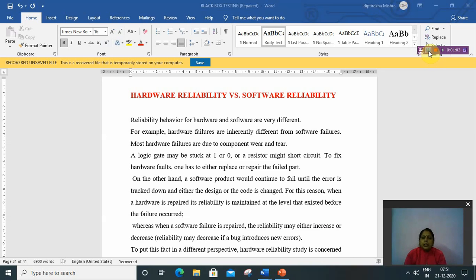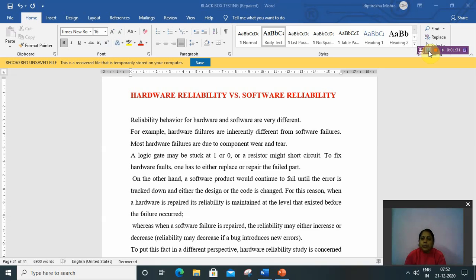So reliability means the probability of failure-free operation of a software in a specific time period. And the reliability of software and hardware are very different. For example, hardware failures are inherently different from software failures because most hardware failures are due to component wear and tear.